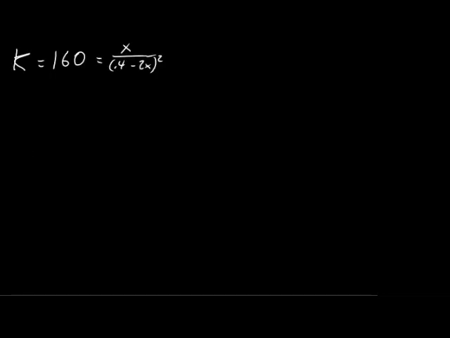Now we'll need to handle the algebra in order to try to solve this equation. First, let's remember that a binomial squared is equal to that binomial written twice. So we'll rewrite that denominator as x over 0.4 minus 2x times 0.4 minus 2x.